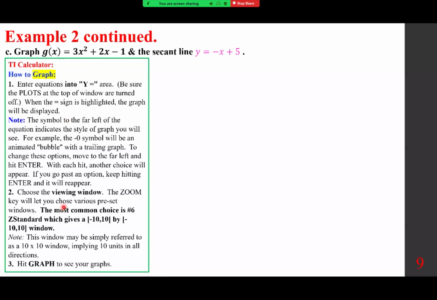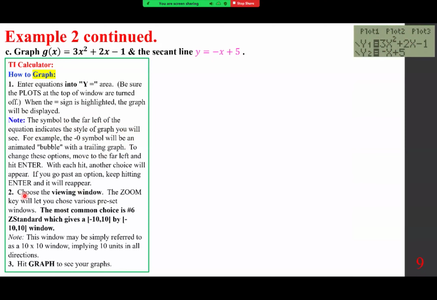There's some more explanation here. The idea is that in y1 you put the first function, in y2 you put the second function. As far as the note is concerned, the symbol to the far left of the equation indicates the style of the graph. You can read about this. There is more information here.